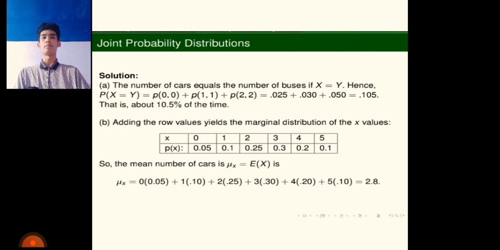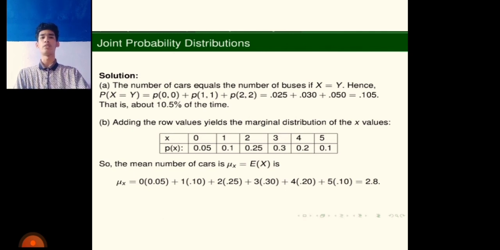So, the mean number of cars is 0 times 0.05 plus 1 times 0.10 plus 2 times 0.25 plus 3 times 0.30 plus 4 times 0.20 plus 5 times 0.10, which equals 2.8.